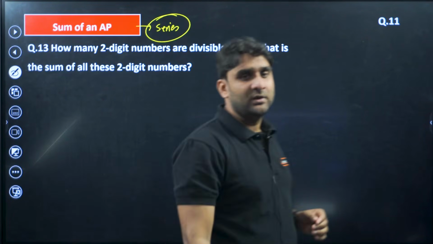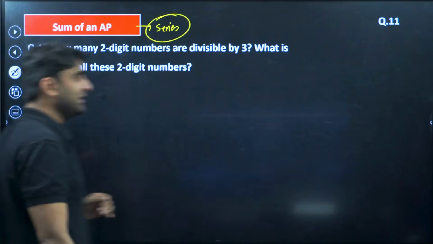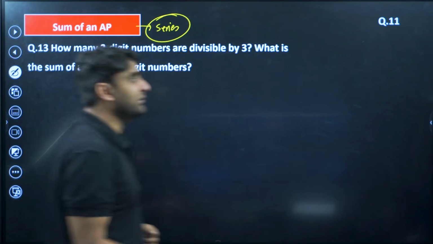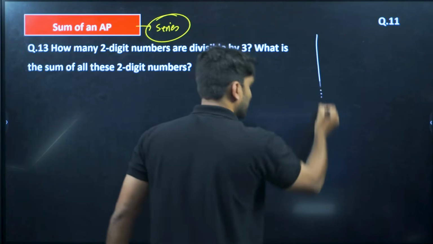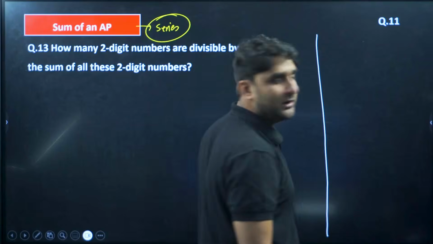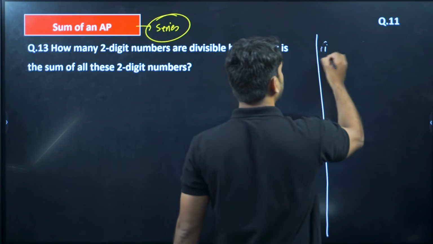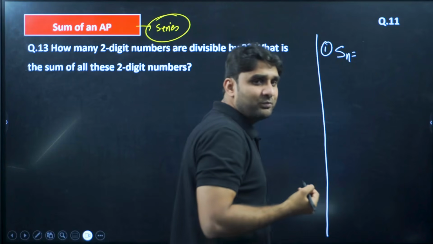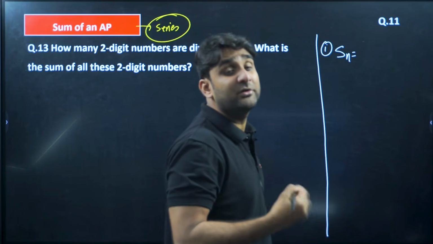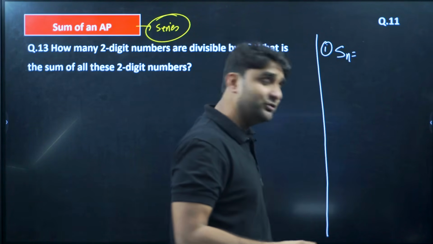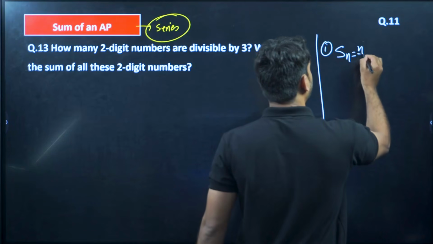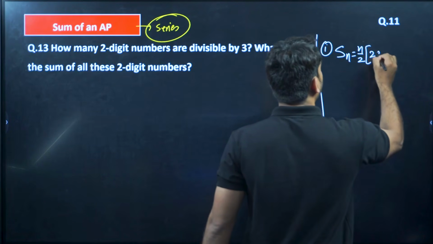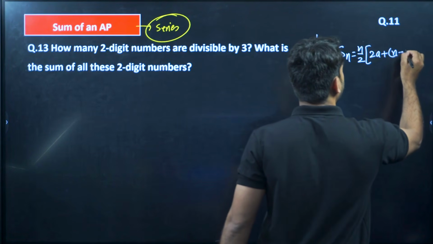First, let me give you the formula for the sum of n terms of an AP. First formula is Sn. S means sum, n means the number of terms that you are adding. So Sn is equal to n by 2 into (2a plus (n minus 1) into d).